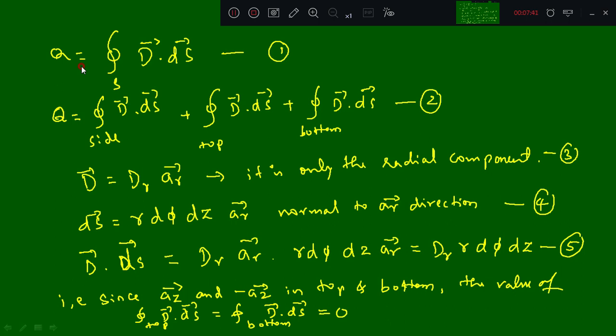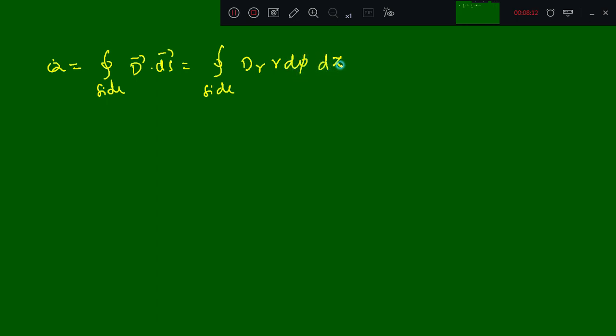So if we take the side, equation number 2 reduces to Q equal to integration of only side D dot dS, which is integration over the side of Dr r d phi dz.